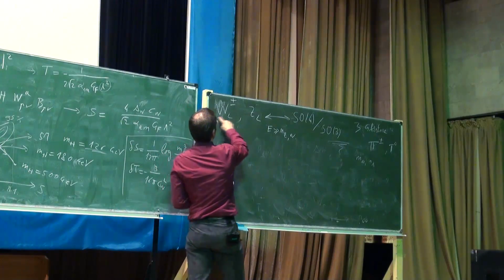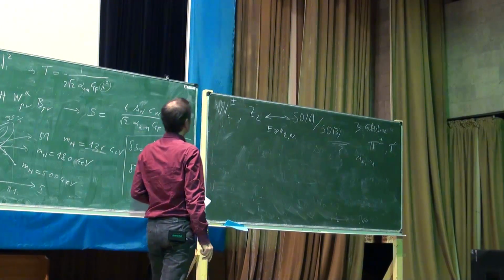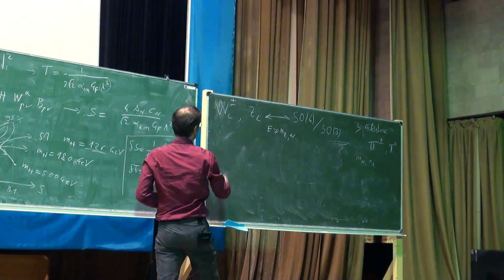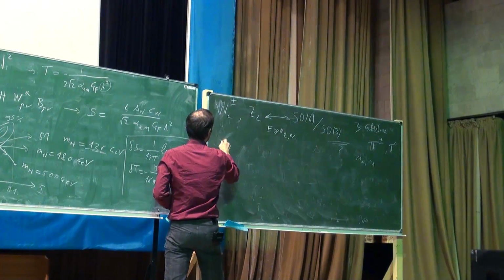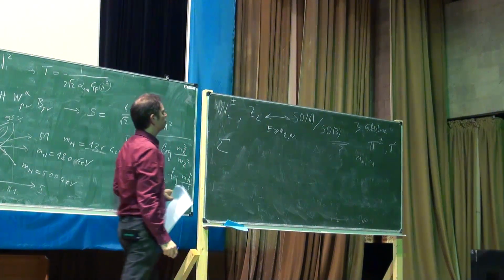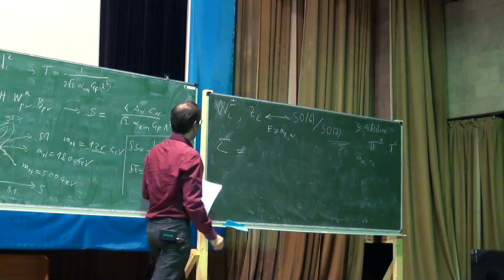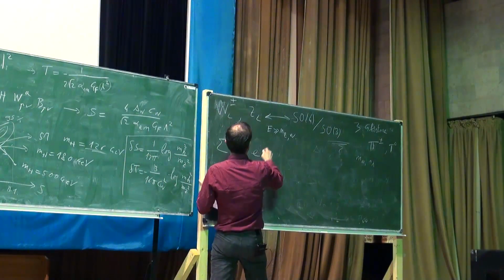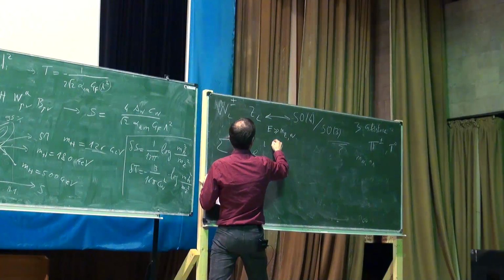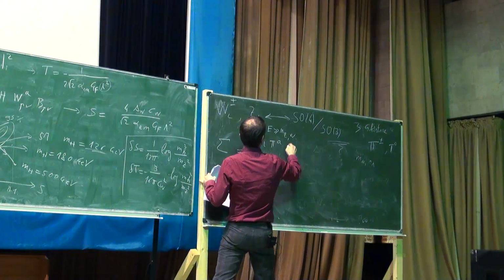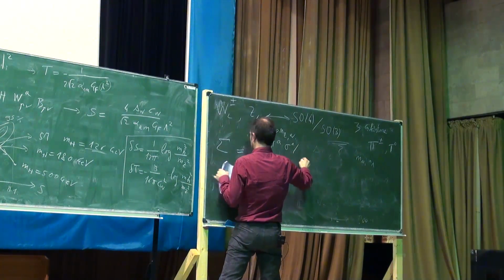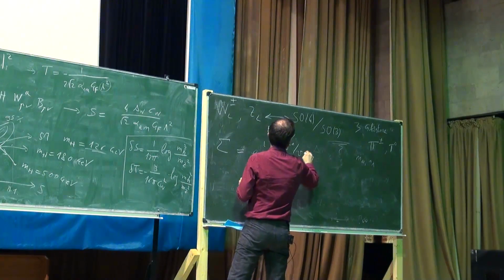So here, the way to deal with this object, this longitudinal polarization of the W and the Z, is exactly like in QCD: you introduce an exponential of the pion. You introduce this matrix sigma, which is nothing else than the exponential of i pi^A sigma^A divided by v.